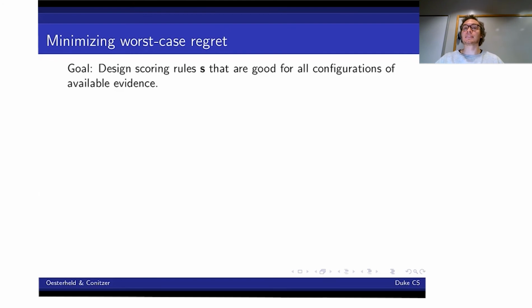For example, Alice knows that Bob is an expert in business strategy, but she doesn't know what kind of data Bob might look into, what kind of experiments Bob might conduct, how helpful that is, or how costly that is. Alice wants to choose a scoring rule that does well without knowing what the available evidence is.